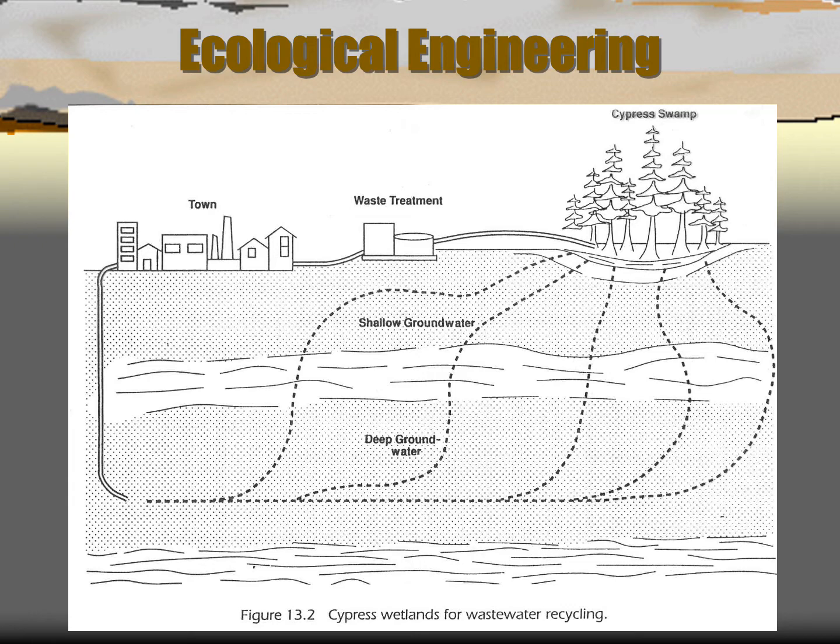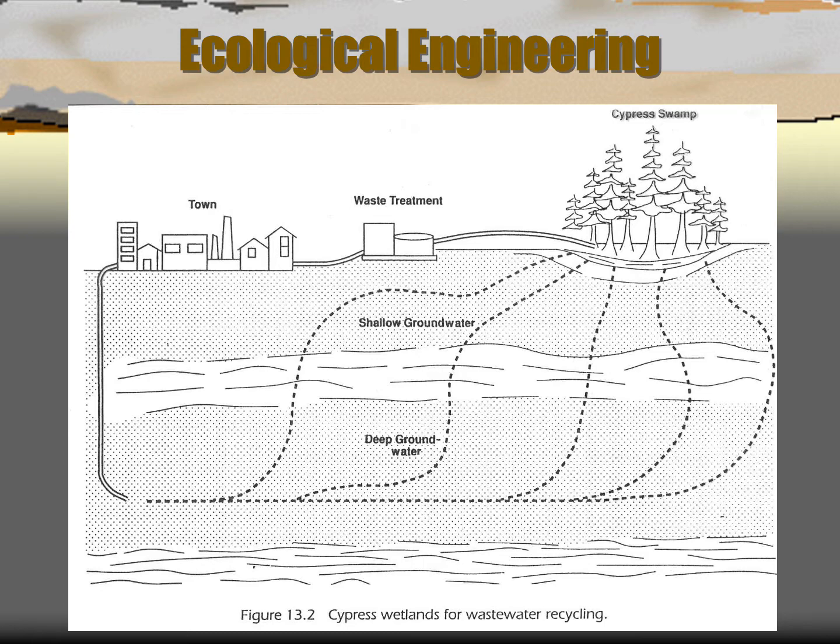So in ecological engineering, the wastewater might go through primary treatment to get rid of some of the big pieces, and then you would spray the wastewater on a swamp. So the microorganisms would break down the carbon molecules, and the plants would take up nitrogen and phosphorus because that's basically plant fertilizer.